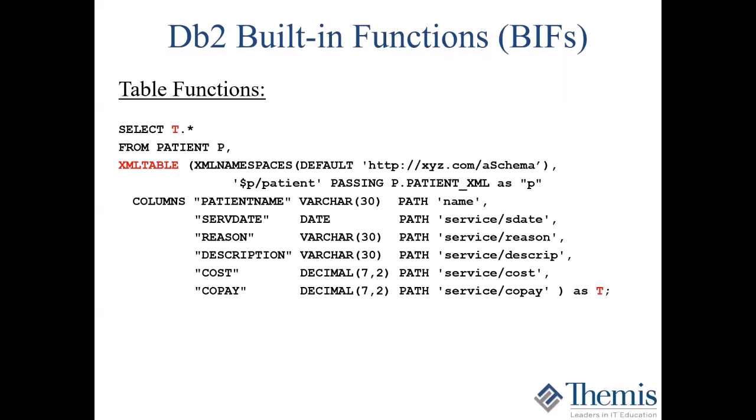This is actually a really powerful function. And if you do a lot of work with XML and DB2, this one comes in really handy. It can actually shift your XML data into relational tables, at least your view of it. And you can actually create a view over XML data using this XMLTABLE function, which allows people to query XML data as if it were a table.